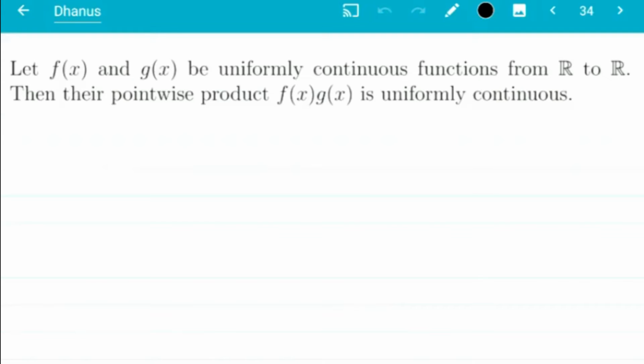This is also a true or false question. Suppose we can find two uniformly continuous functions such that f(x) times g(x) is not uniformly continuous, then the statement is false.